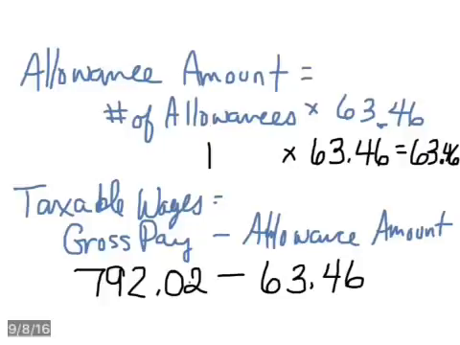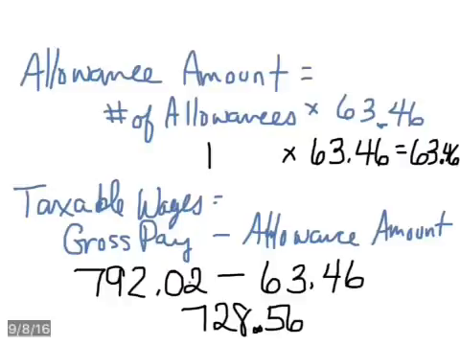So what is 792.02 minus 63.46? Brian, can you say it one more time? 728.56. Thanks, Brian. So that's the taxable wages. So Bob is going to get taxed on $728.56.